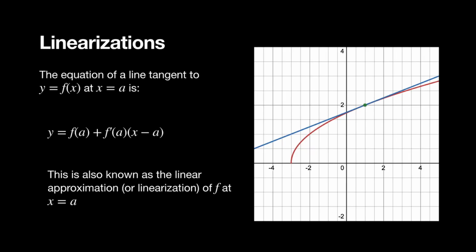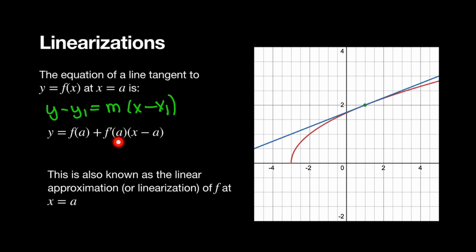So the equation of the tangent line to y equals f of x at x equal a is y equals f of a plus f prime of a times x minus a. That's just my point-slope formula written in a slightly different form.